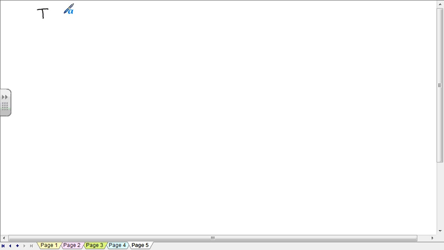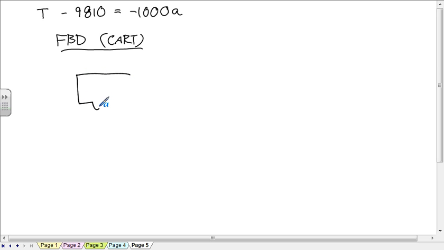So from the other one, we have T minus 9810 is equal to negative 1,000 a. And now I'm going to do the free body diagram of the cart. So there's the weight acting down, 4905. There's a normal force acting up.